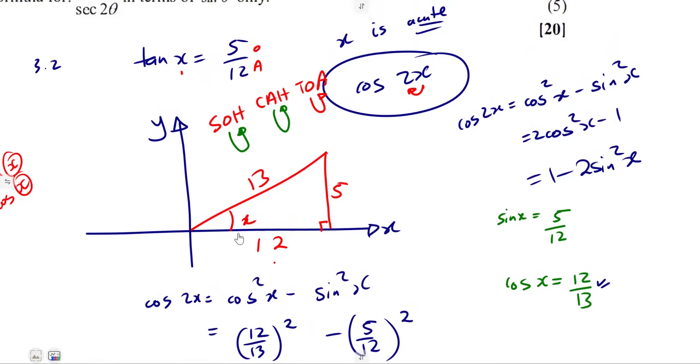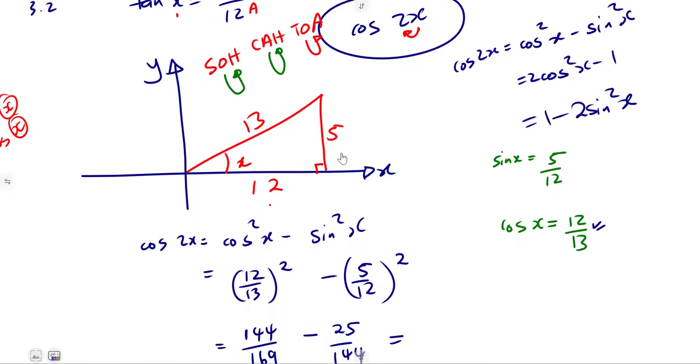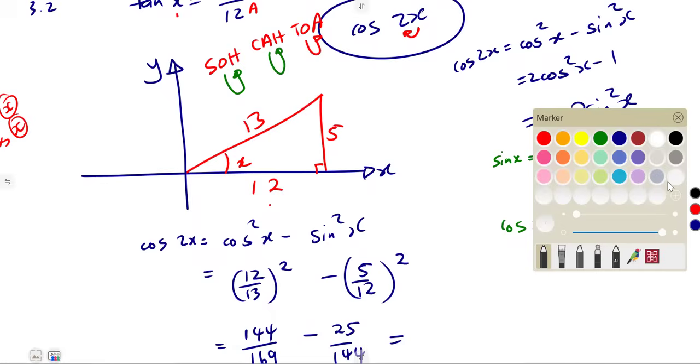Cos is adjacent, 12 over 13, which is fine here. And this one, sine, is 5 over what? Opposite over hypotenuse. Guys, you see this thing of rushing again.